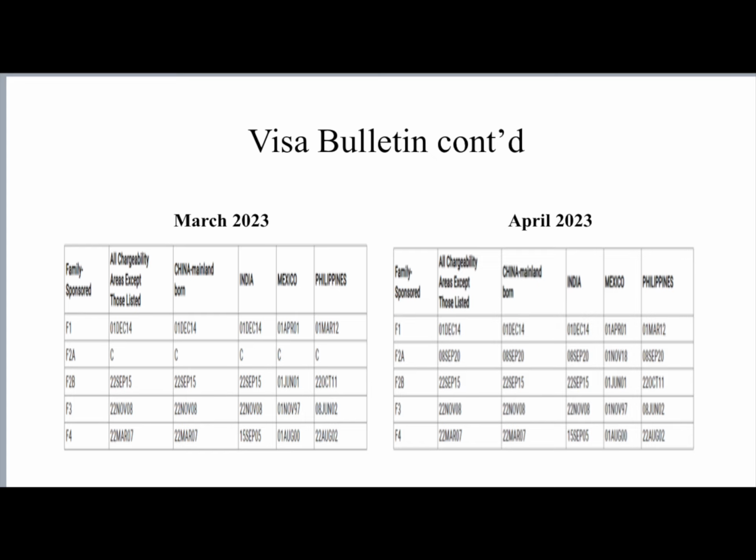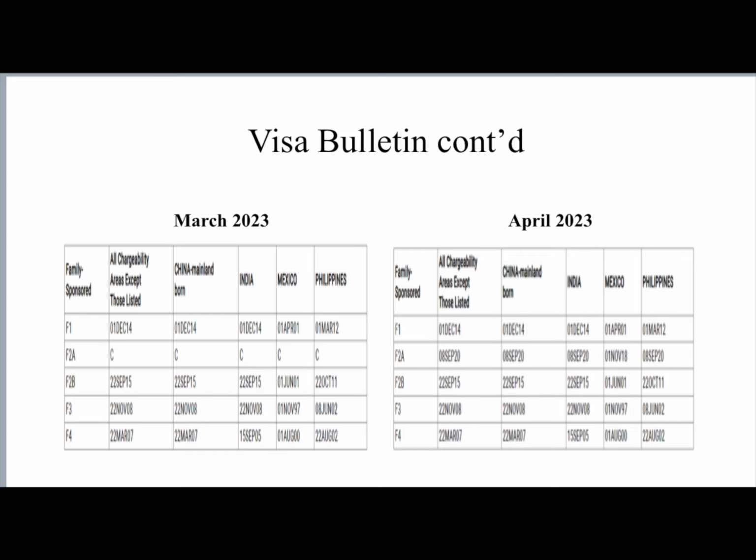F1 had no change, no movement whatsoever. F2A, and this was where it got really messy. F2A used to be current. Now they have what you call a rollback or a retrogression. So in essence, F2A developed a backlog.